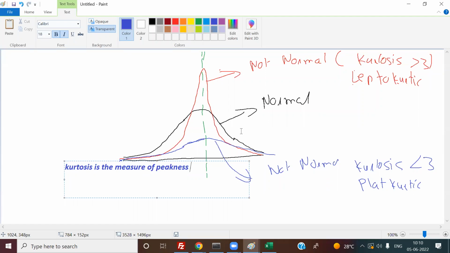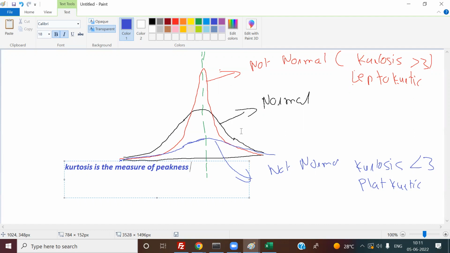So when we build the graph, we will also find a kurtosis. Okay. So if kurtosis is around 3, then it is a normal distribution. Values should increase sufficiently and decrease sufficiently. If values increase very, very slowly and decrease very slowly, then again it is not a normal distribution. Okay.